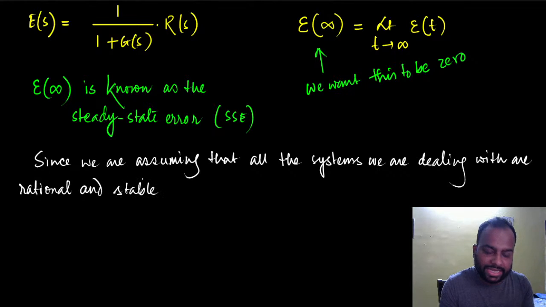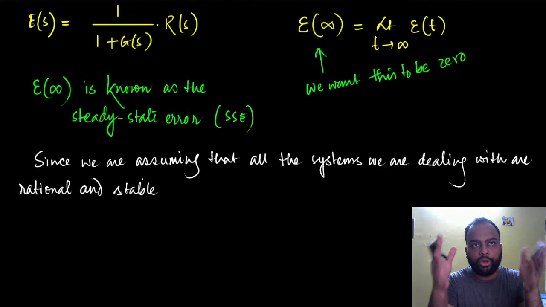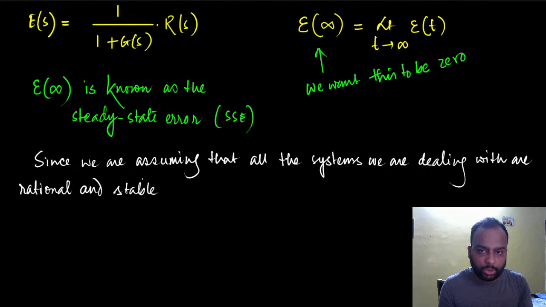Anyway, question: what is a rational system? Very simple. The order of the numerator can be at most equal to the order of the denominator. Of course, with transfer functions these are polynomials, so the order of the numerator's polynomial would be at most equal to the order of the denominator's polynomial. So if the denominator's polynomial is of order 4, then the numerator's order can be at max 4, not more than that.